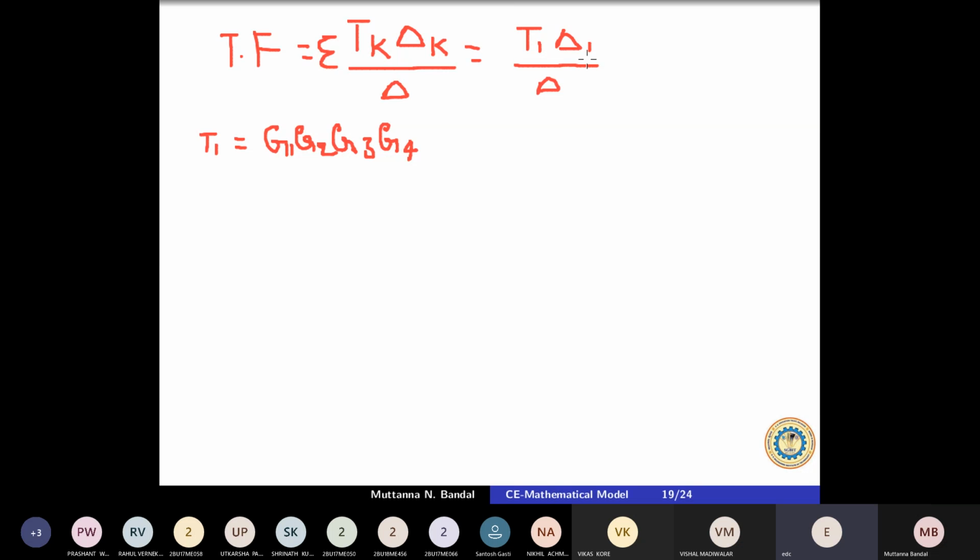Now I have to calculate the delta. Delta was 1 minus, if you remember the formula, the sum of individual loops. How many loops were there in my signal flow graph?